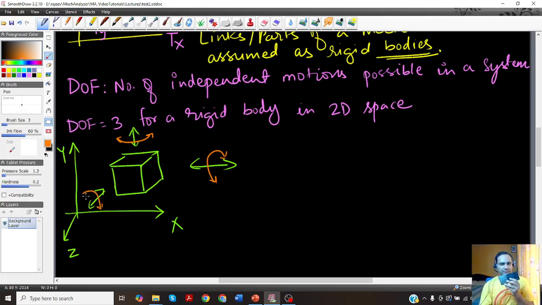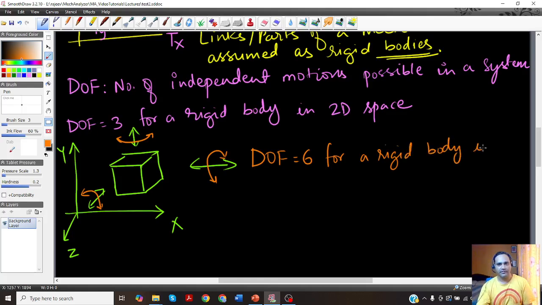So the degree of freedom for a rigid body in 3D space is 6. That comprises 3 translations and 3 rotations.